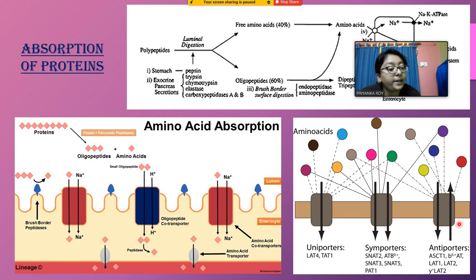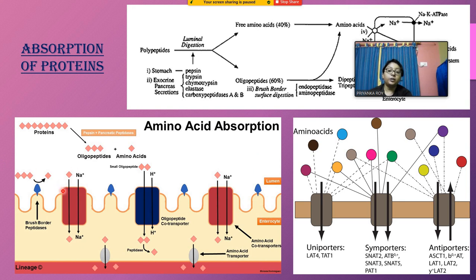Or there can be antiporters, which means one molecule is passing from one side to another side, and in the opposite direction another molecule is passing from that side to this side. So these kinds of transporters are there, and there are several amino acid transporters as well. These are small nucleic acid transporter, then small neutral amino acid transporter, as well as large amino acid transporter. All these transporters are there.